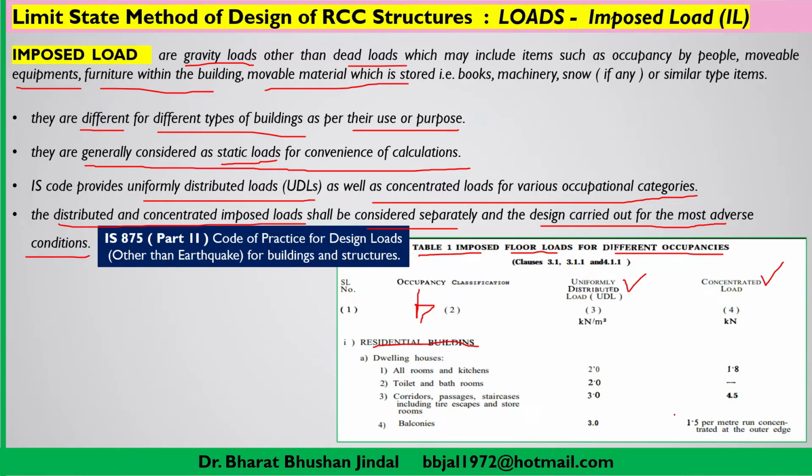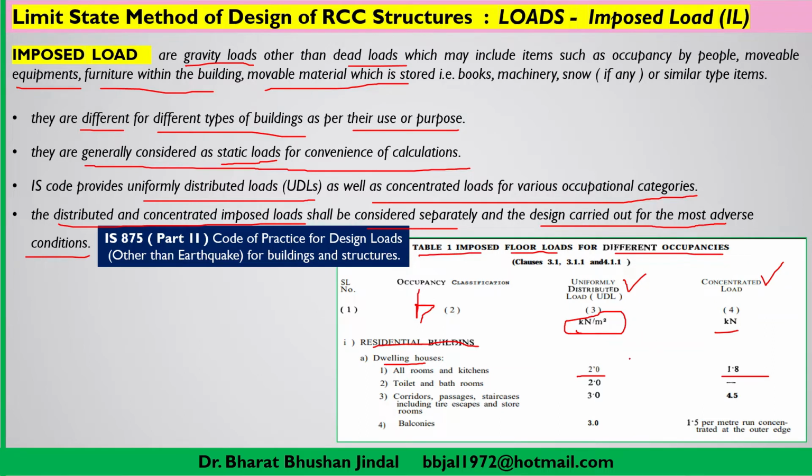This is just a snapshot, a little bit of information. For dwelling houses, all rooms and kitchens, you can take UDL as 2 kilonewton per meter square as well as 1.8 kilonewton for concentrated load. Now you can see here the unit system you have to take: because it is concentrated load, the unit will be kilonewton, and when there is UDL, uniformly distributed load, then the unit will be kilonewton per meter square.